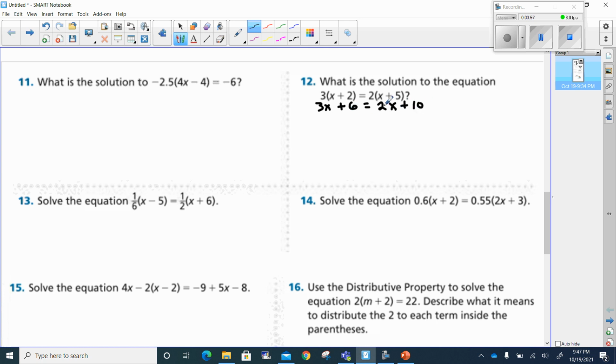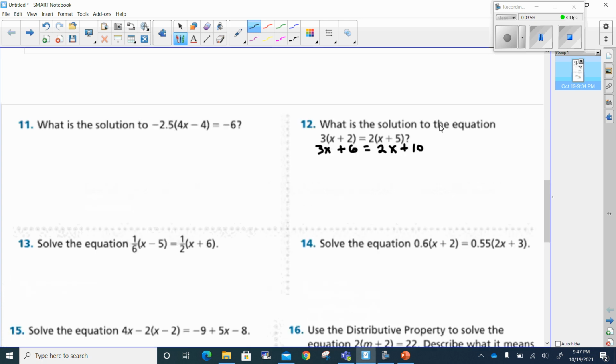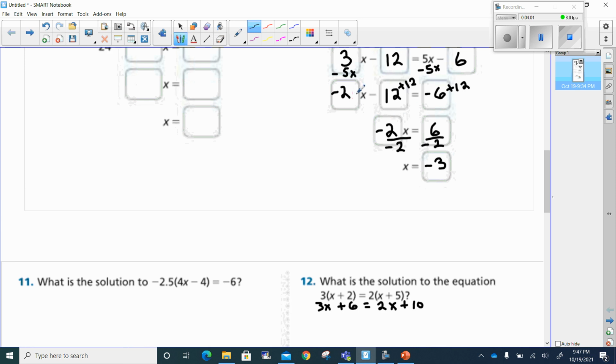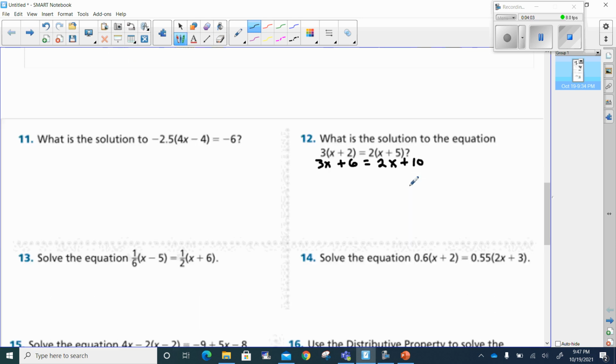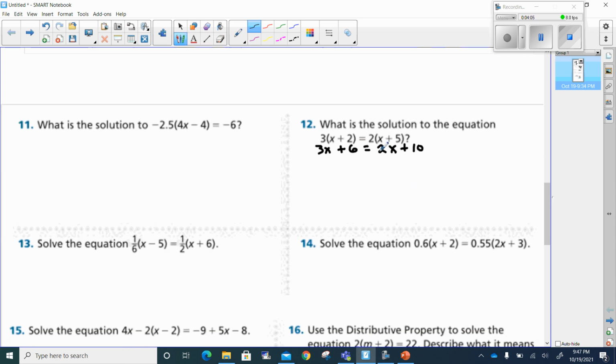Now I've got to combine my like terms. Unlike what they did over here in this problem, I like making sure that my x is going to be positive. I hate negative. So I'm going to move the 2x because I know that's smaller than 3x. That's going to give me 3 minus 2, which is 1x.